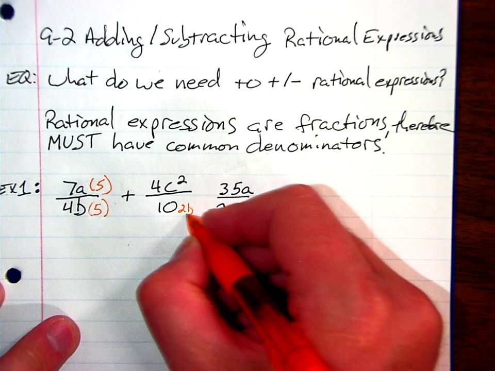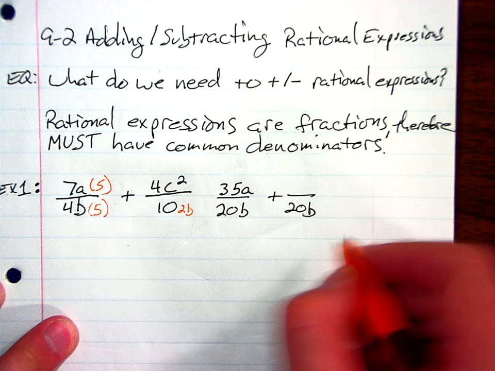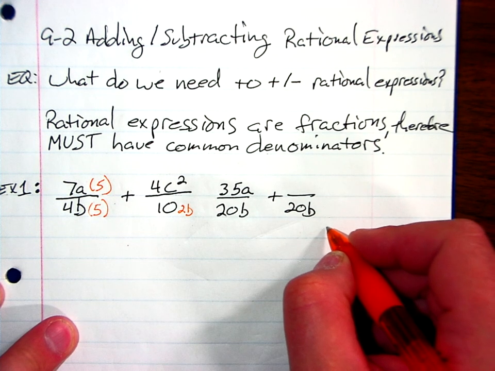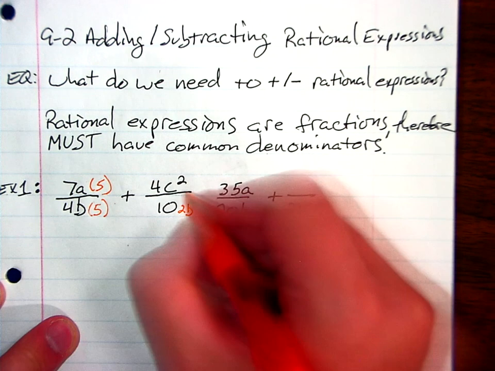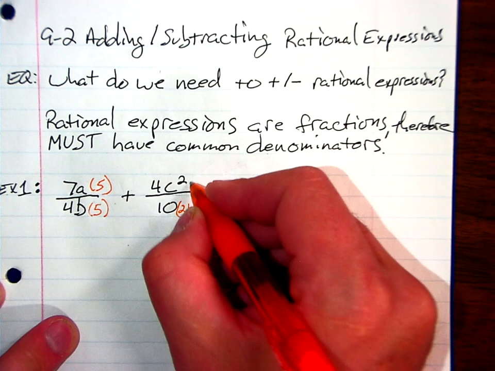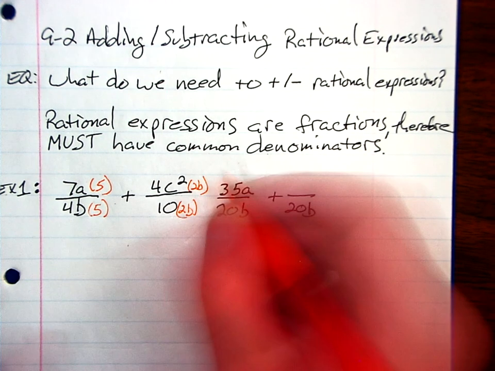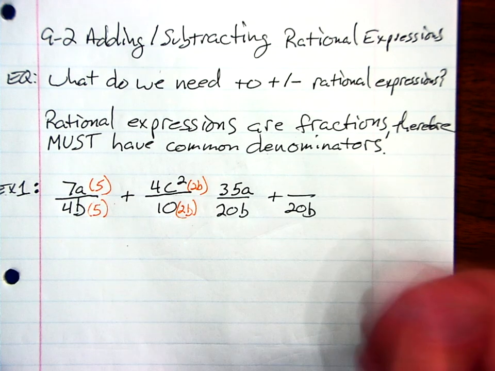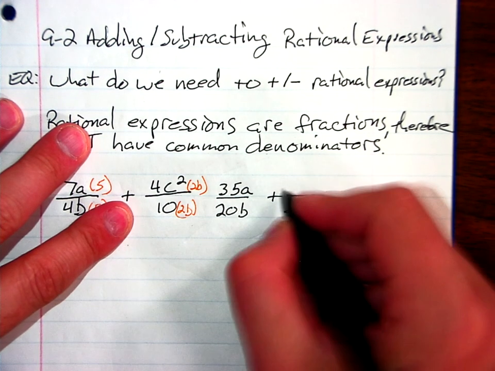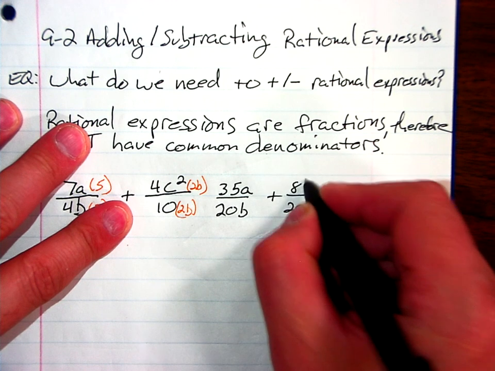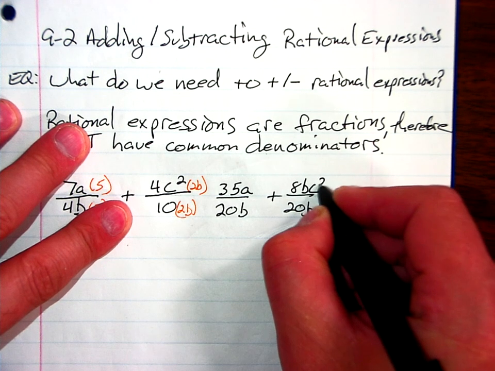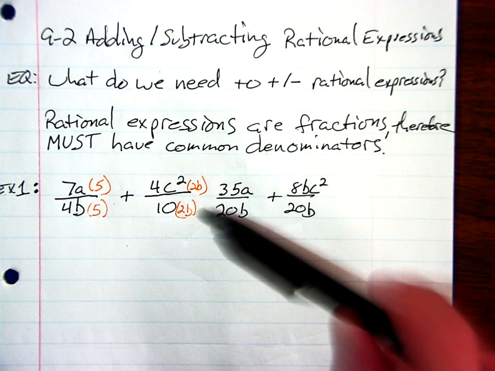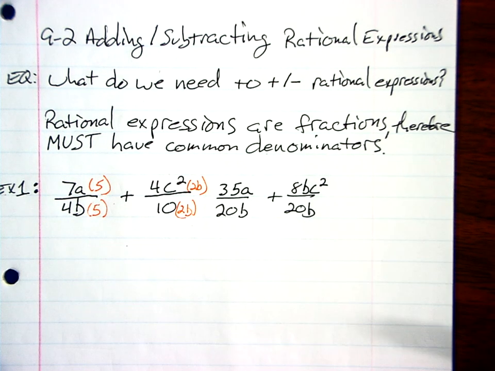What do I need to multiply 10 by to get to 20b? You were right when you were saying 2, but I didn't want 2 to be my least common denominator. If I multiply the bottom, I must do it to the top. So 4 times 2 is 8bc squared. Can I add 35a and 8bc squared?